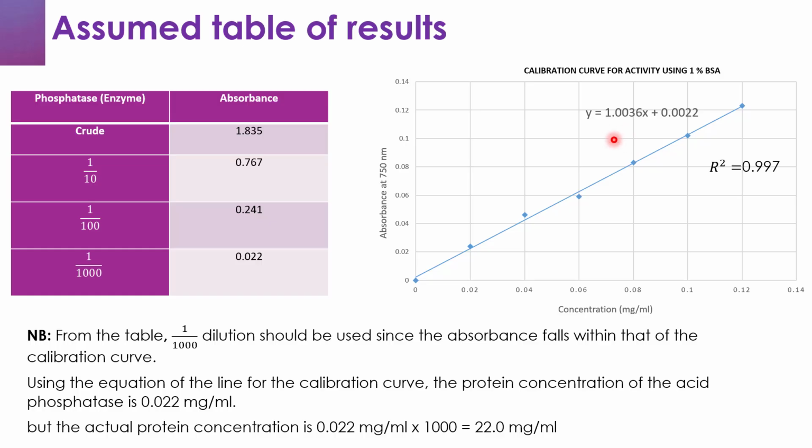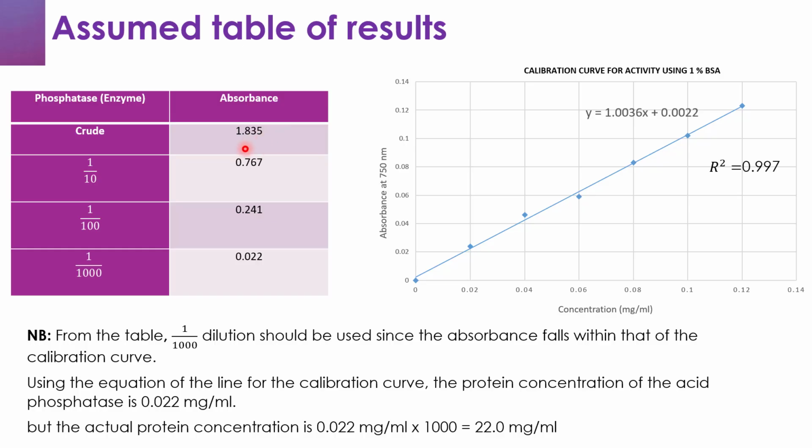Now, what we have to do is make s the subject of this equation, and we also have to notice that the value for s that will be obtained on the s-axis from our calibration curve will be the extrapolated or determined concentration of protein in our enzyme.